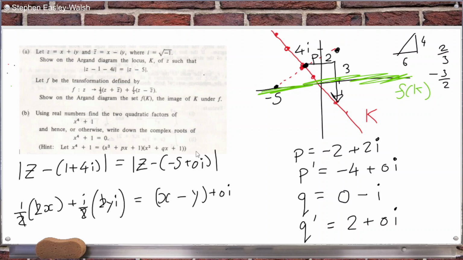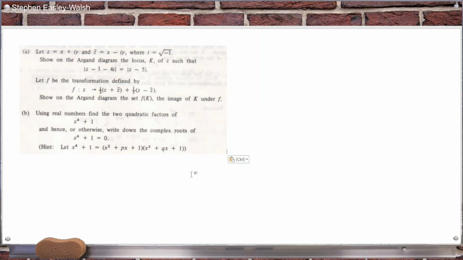I think the K is a line that's equidistant from these 2 points. Yep, okay. Don't know.